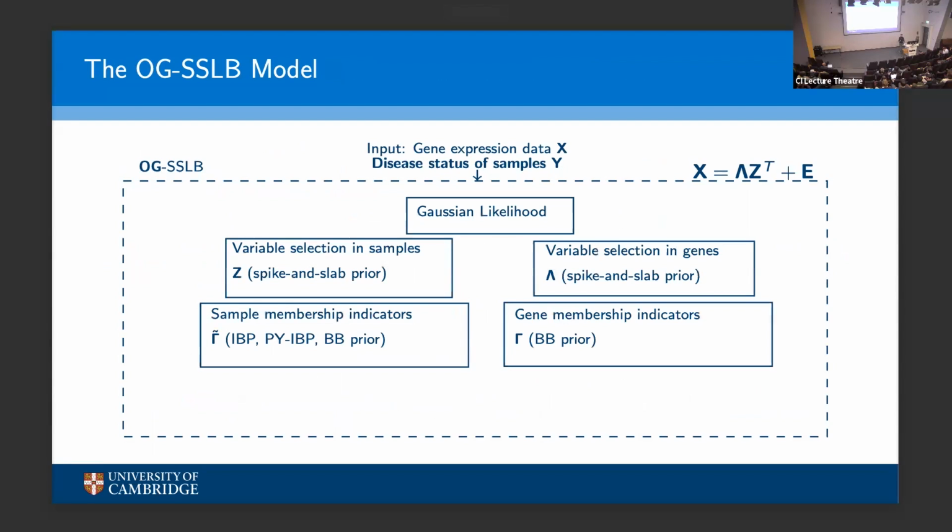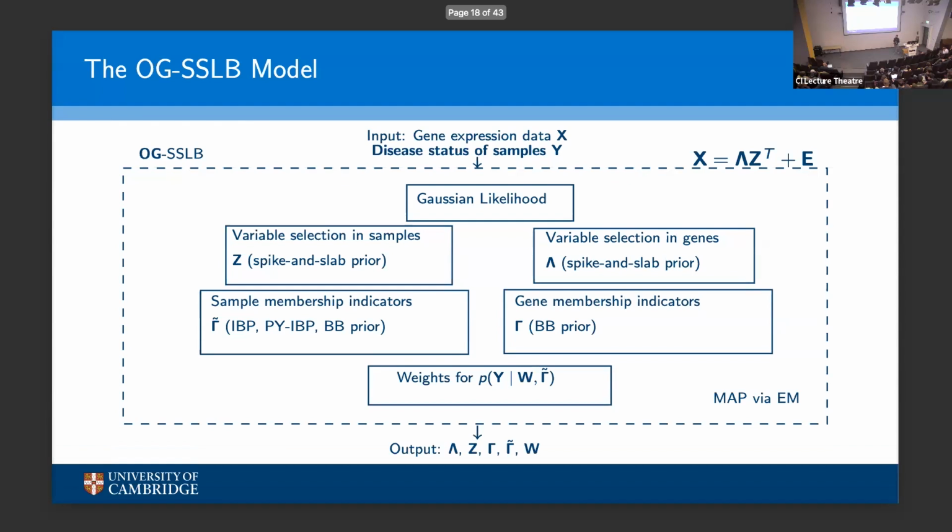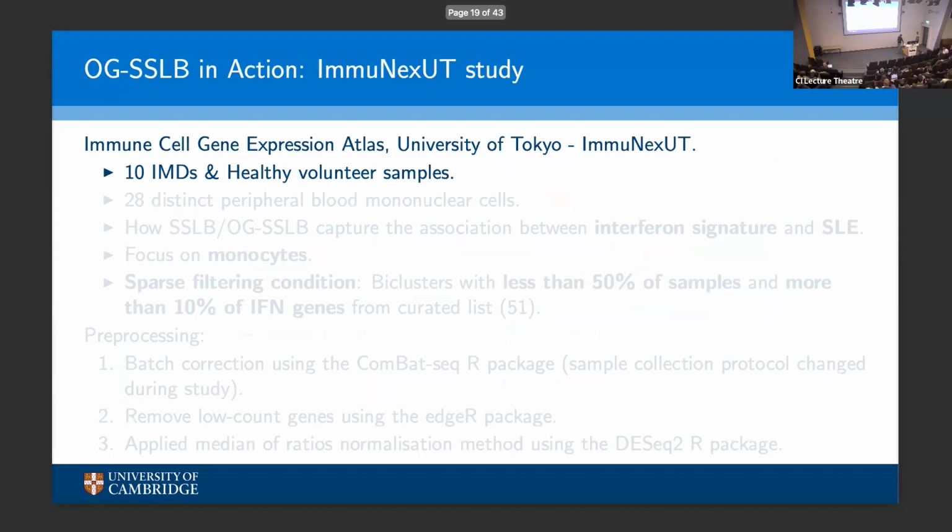So the structure is similar to SSLV, but what we do is incorporate a layer of multinomial logistic regression to estimate the weights and to also guide the biclustering process. These weights will tell us which bicluster is more related to which disease. And the outputs, again, maximum a posteriori estimate, the expectation maximization, and the output, the latent variables of interest plus this matrix of weights in this case. So this is what we have.